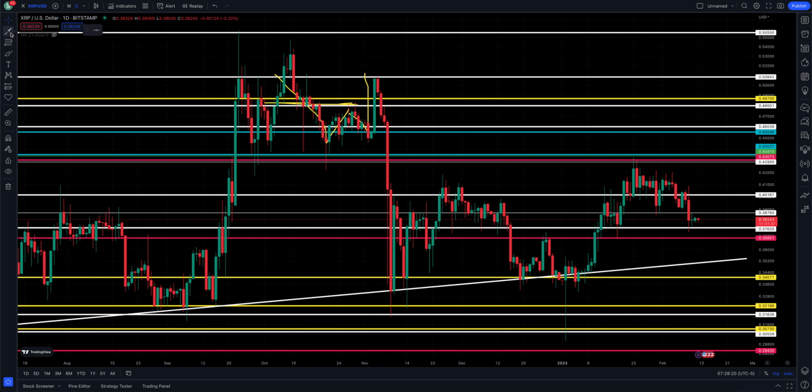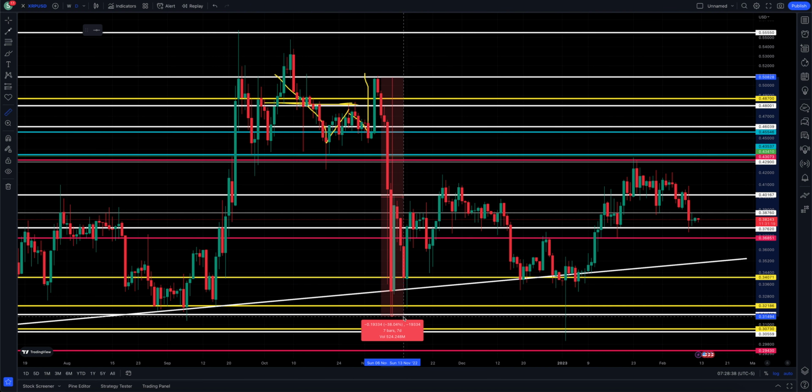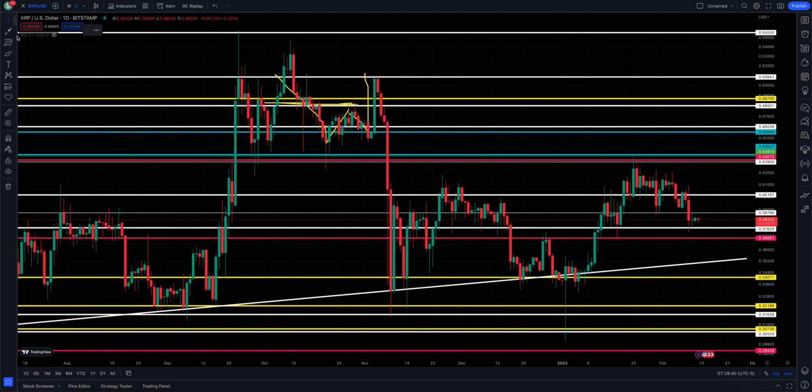That was what I thought was going to take place on Thursday of this week. We were going to see a big breakout to the upside. That breakout failed and ultimately got crushed by the FTX debacle. That was a huge move to the downside, a 38% move to the downside.